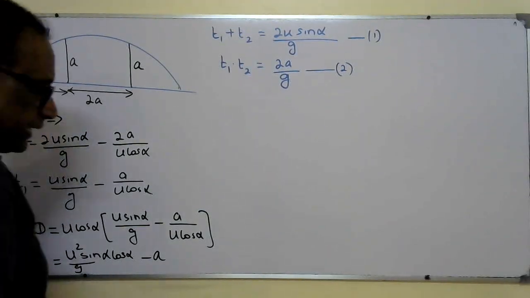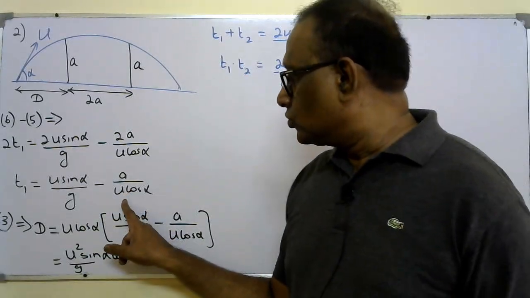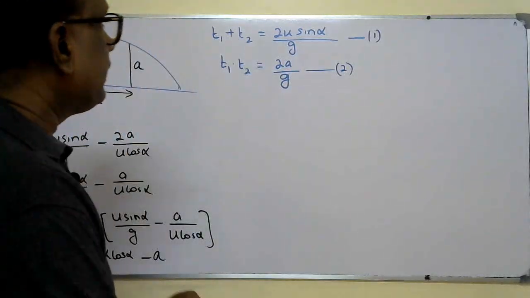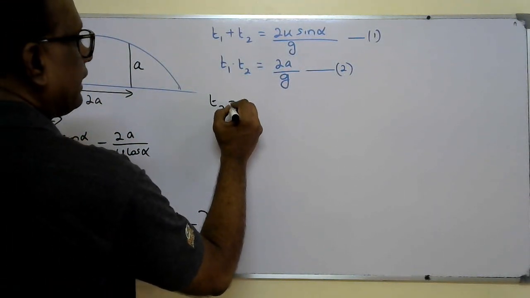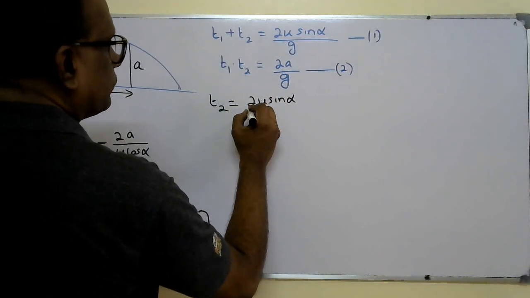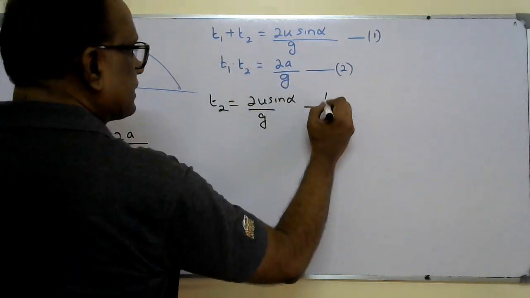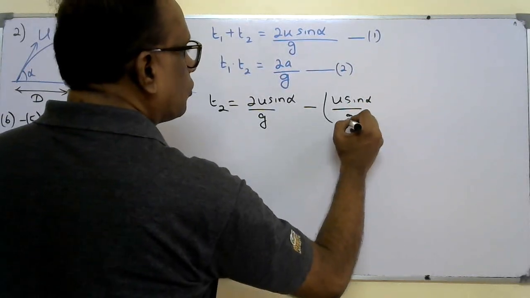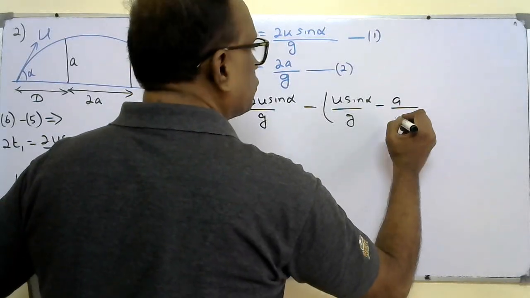Okay, so we know that t1 is equal to u sin alpha over g minus a over u cos alpha. Substitute in the first one and find the t2. So t2 is equal to u sin alpha over g minus t1, that means minus u sin alpha over g minus a over u cos alpha.